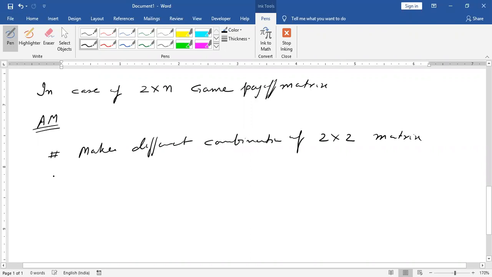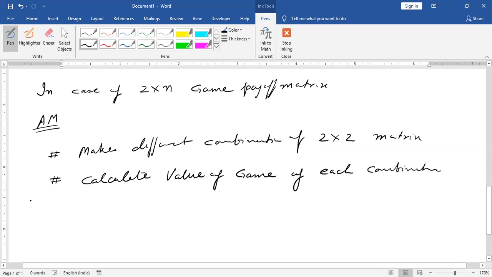Number two, calculate the value of game of each combination.